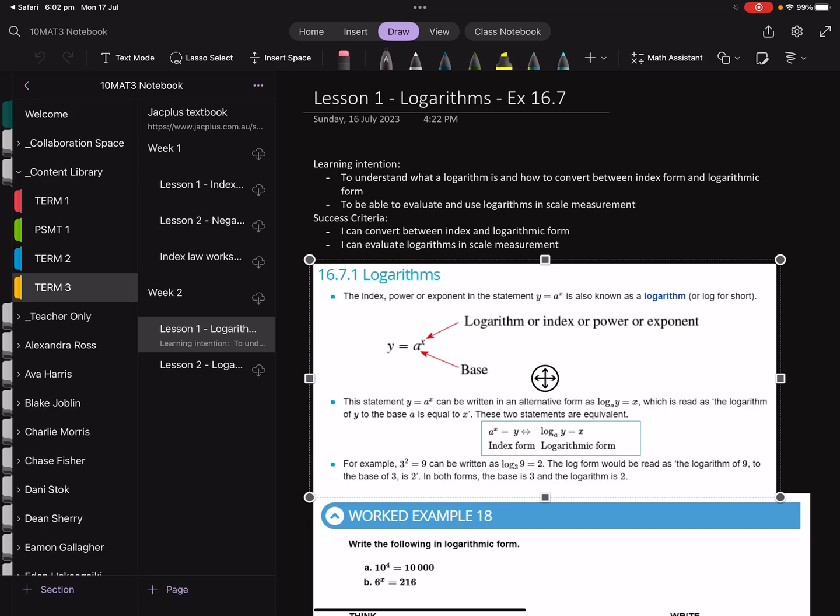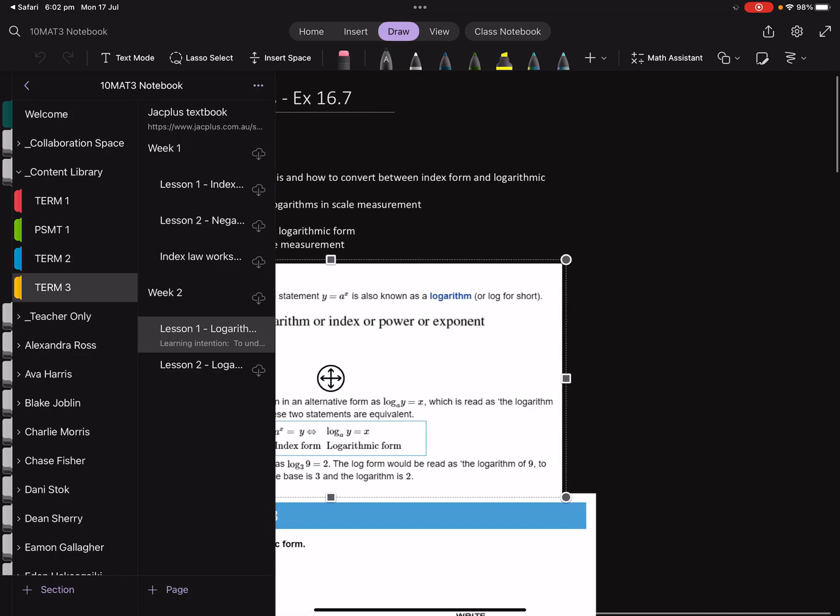These two statements are equivalent. So as you can see, this form converts into this form here. This is our logarithmic form. For example, 3 squared equals 9 can be written as log base 3 of 9 equals 2.